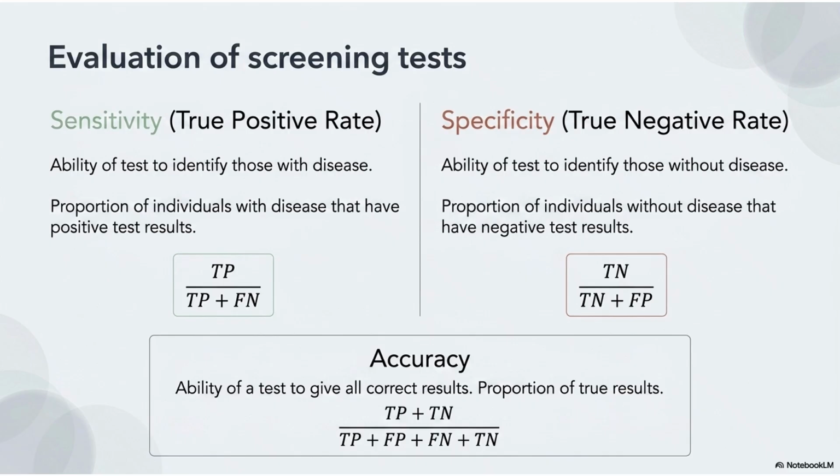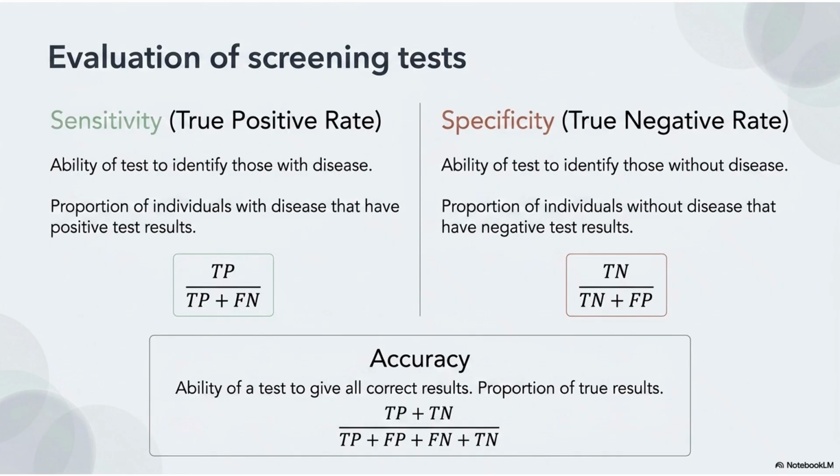So this is proportion of individuals without disease that have negative test results. So in the denominator, the people who are not having disease. Not having disease means true negative plus false positive, and in the numerator this test identified as having negative. So true negatives by true negatives plus false positives. We can also write like D by B plus D.